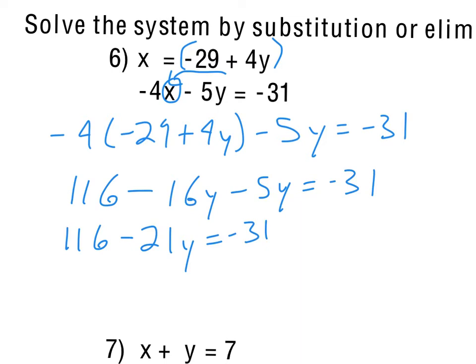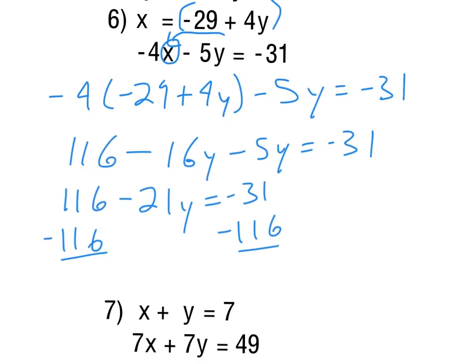We'll then subtract 116 from both sides of that equation. We get negative 21y equals negative 147. And so all we have to do then is to divide the negative 147 by 21 to find y.